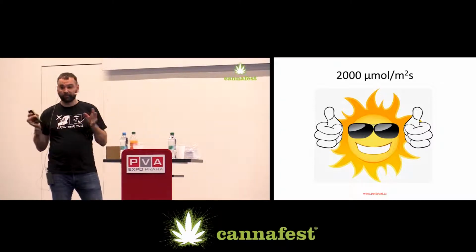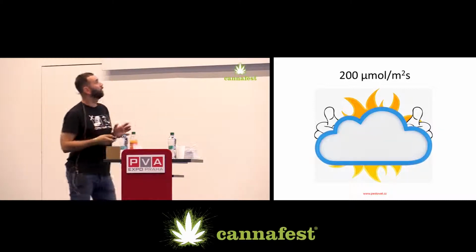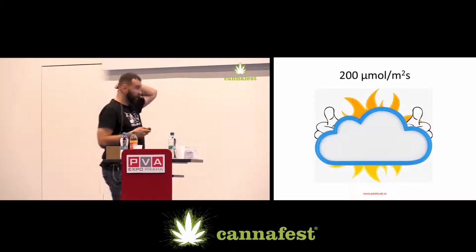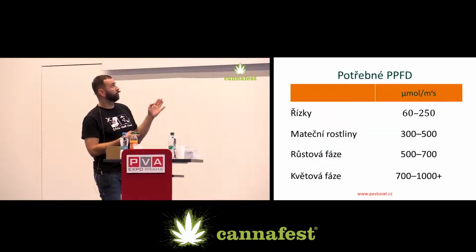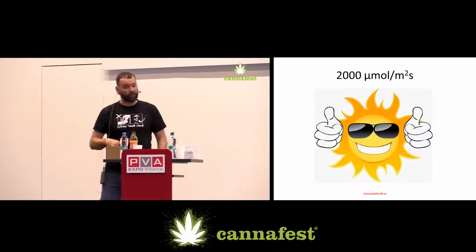If there's no sunshine, if it's just behind a cloud, even a smaller cloud, we only get 1/10 of that quantity. In this way, we can explain why we need 1,000 and more for the flowering phase.